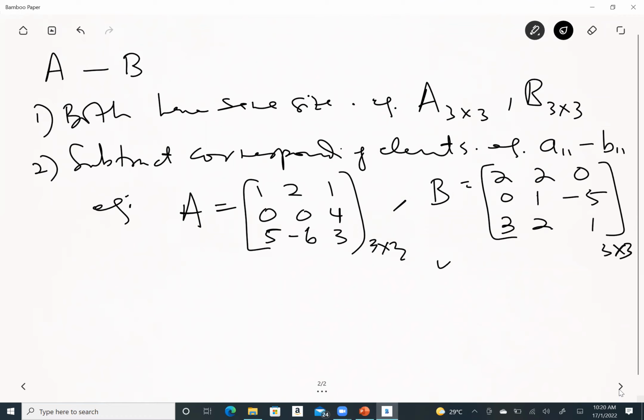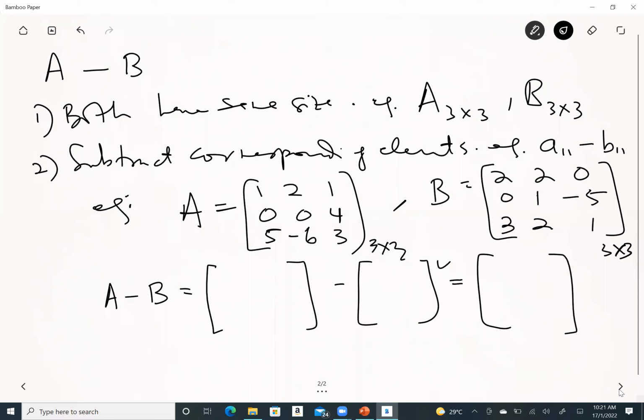So how do you subtract? Same as addition: subtract corresponding elements. So you have A minus B equal to. Now write down the full matrix, and then you subtract corresponding elements, and you will get the difference matrix. So A minus B equals C, where Cij equals Aij minus Bij. Can you finish up that way?